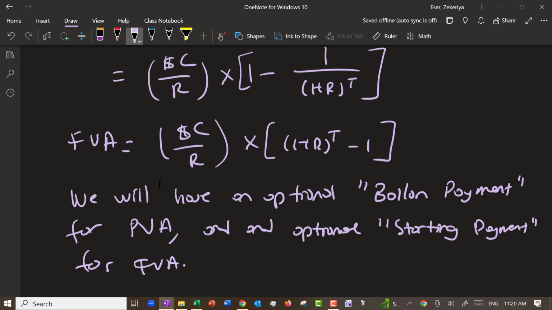And similarly with future value, you actually start with, think of this, you just got into a job, they paid you $10,000 starting bonus, and you're gonna be paid $5,000 a month for the next 60 months, and you can invest all of that money at 0.5% a month. How much money do you have 5 years from now, 60 months?